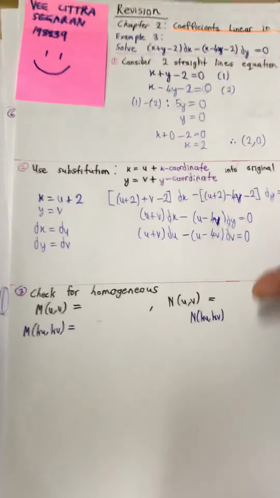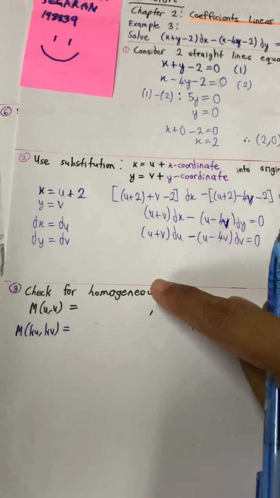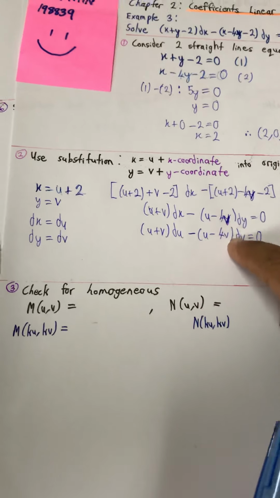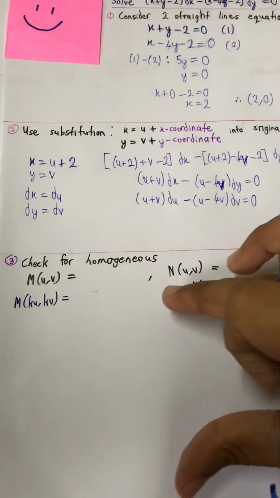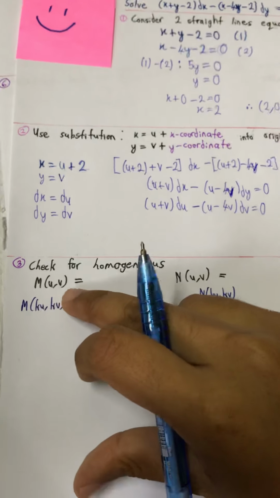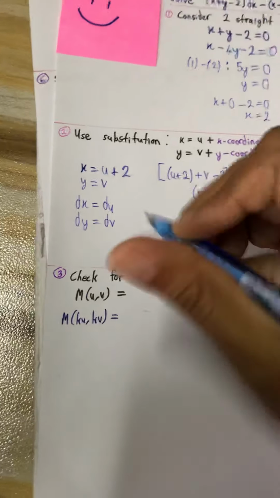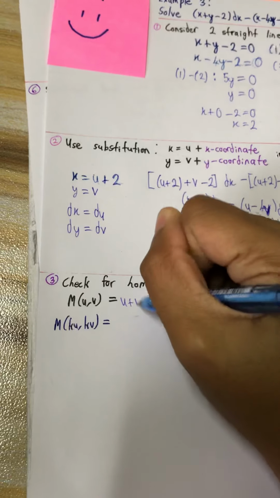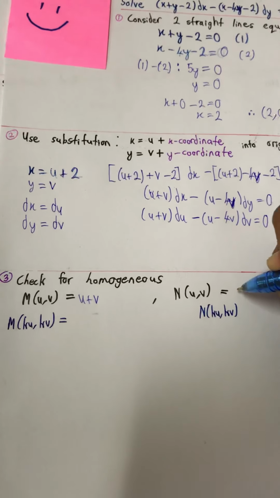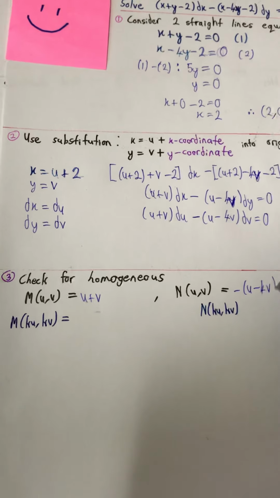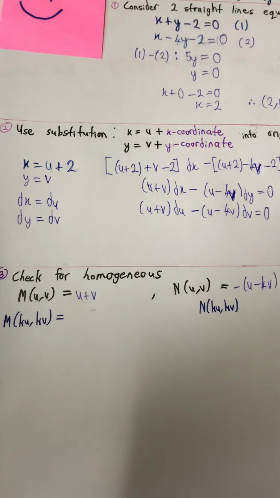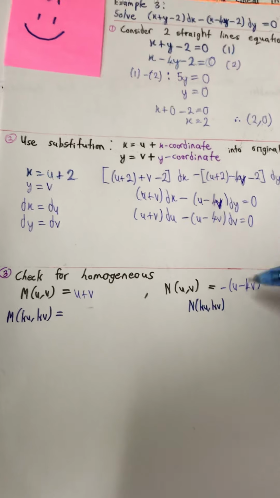So the next step is we need to check the homogeneity of the equation. Recall the homogeneous step. Here our M(u,v) becomes u + v, and our N(u,v) is -u + 4v. We will check whether they are homogeneous.